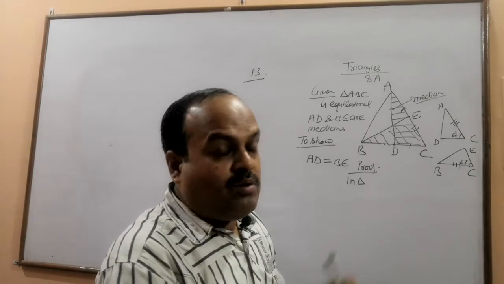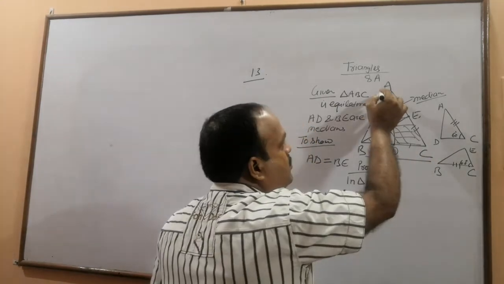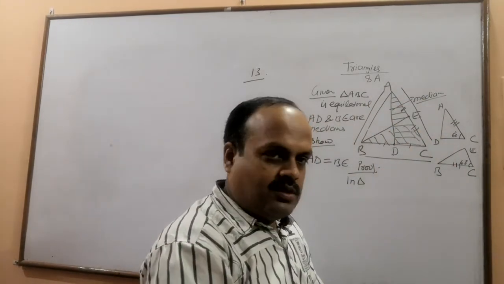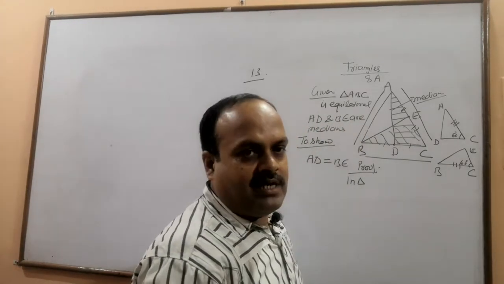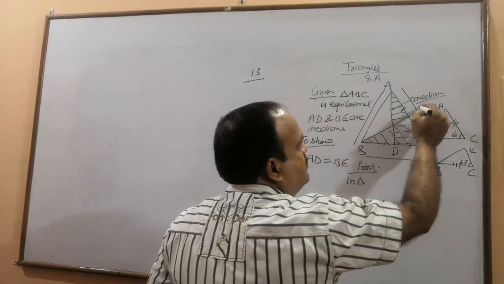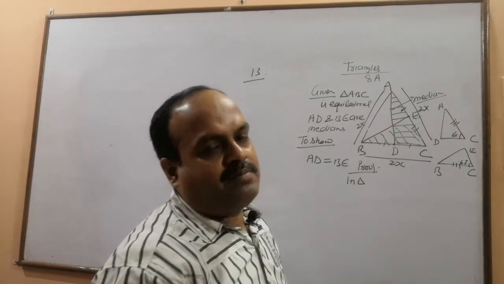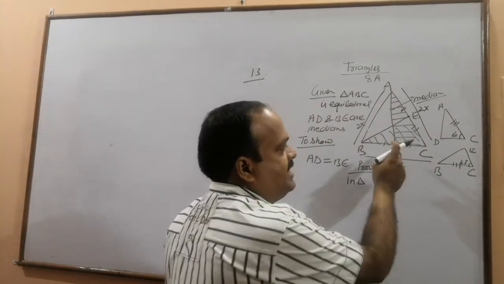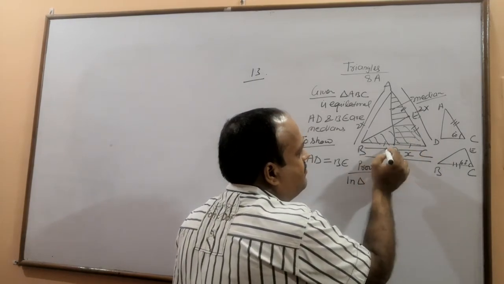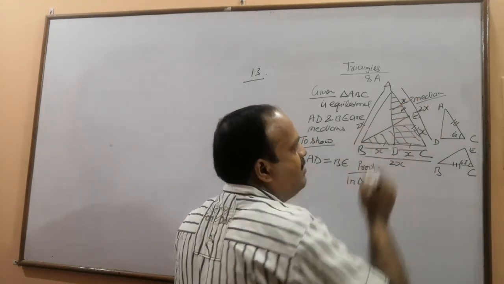I take the length of all three sides as 2x. The length of all three sides has 2x. So D is midpoint, median. D is midpoint. So DC will be x, BD will be x, EC will be x, AE will be x.